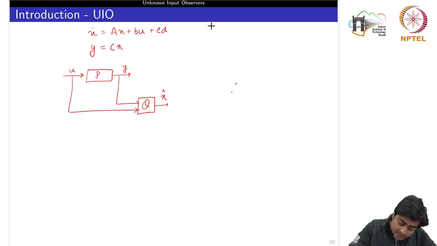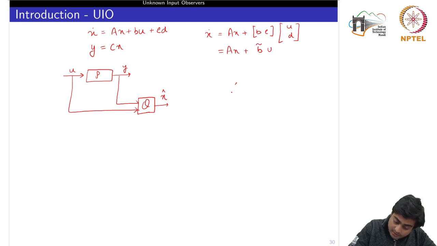So we can parameterize this as x dot is equal to Ax plus B tilde, and this becomes my U tilde. My output term remains as it is.